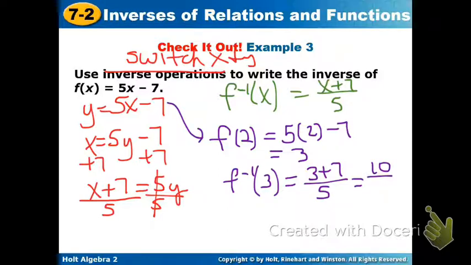Because you get 10 over 5, and look what we ended up with. 2. So are we right? Did we end up with what we started? Yeah, we did. So it checks out for us. Our inverses undid each other as we processed that 2 through both of them. Okay? Questions?